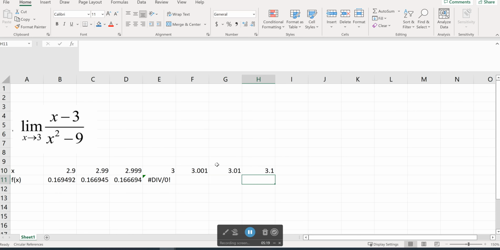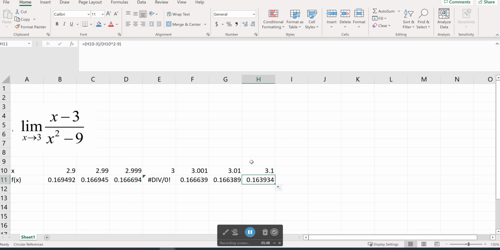And again, we are stepping closer to 3 from the larger side. So we copy the formula across in order to get the corresponding outputs, and it's clear this time again that there seems to be a convergence towards the value 0.17.